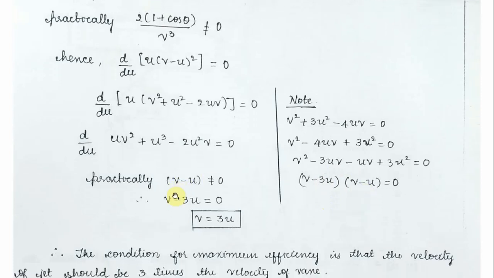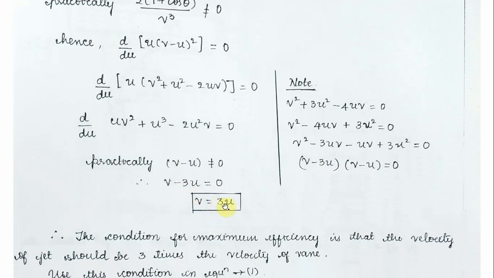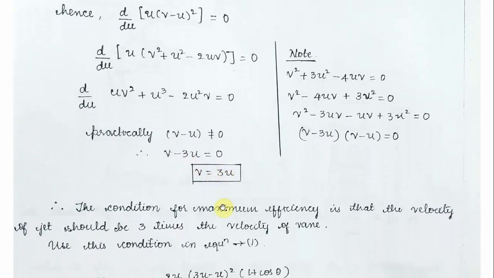Practically V minus U does not equal 0, therefore V minus 3U equals 0, so V equals 3U. Therefore the condition for maximum efficiency is that the velocity of the jet should be 3 times the velocity of the vane.